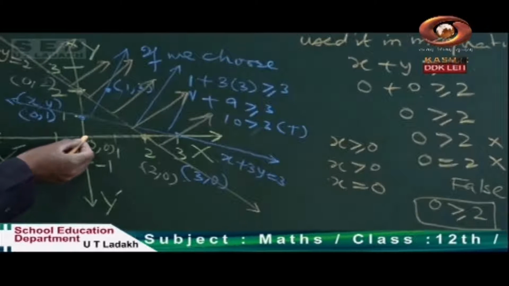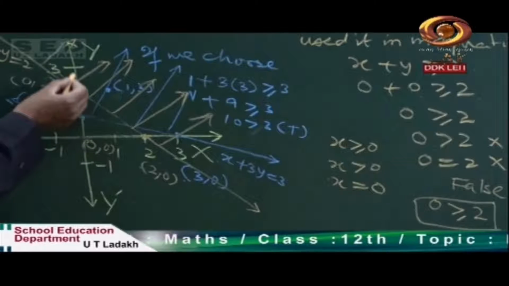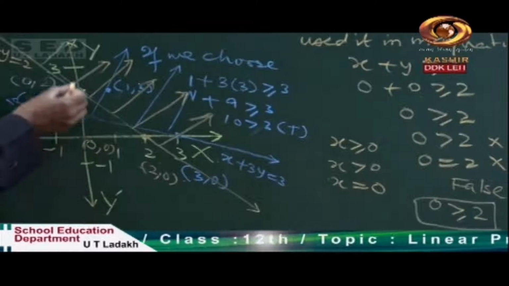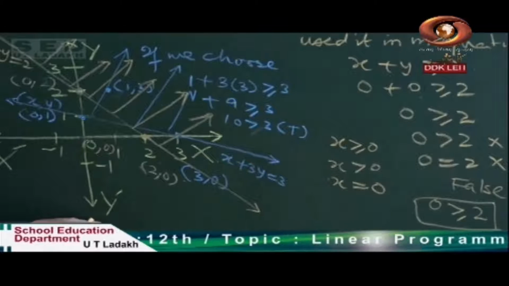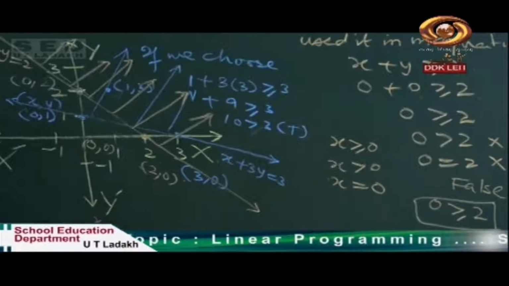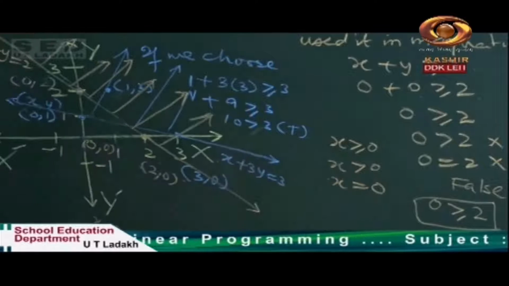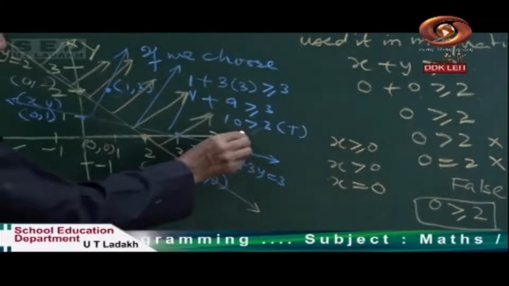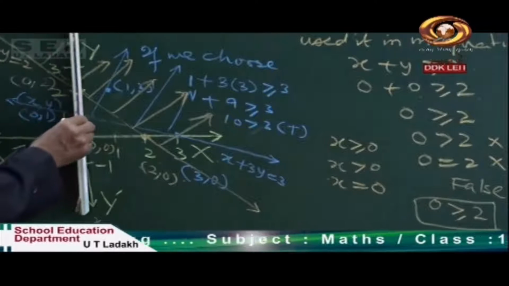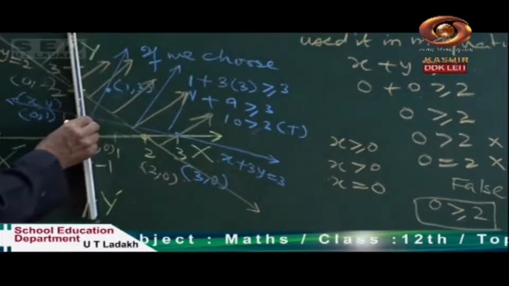When x is equal to 0, x will be 0 on the y-axis. This is x equal to 0, and x is also greater than 0. That means x goes towards the east, the value of x will move like this.